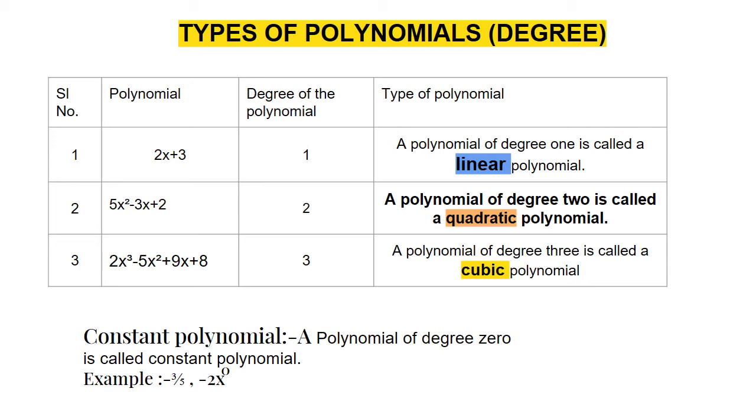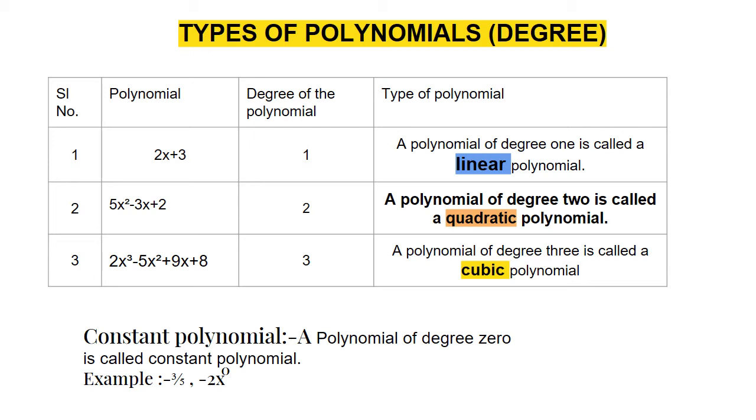Now let us go to the second example here. 5x square minus 3x plus 2. What is the degree here? The degree is 2. A polynomial of degree 2 is called a quadratic polynomial. Now observe the third example here. 2x cube minus 5x square plus 9x plus 8. Is it a polynomial?